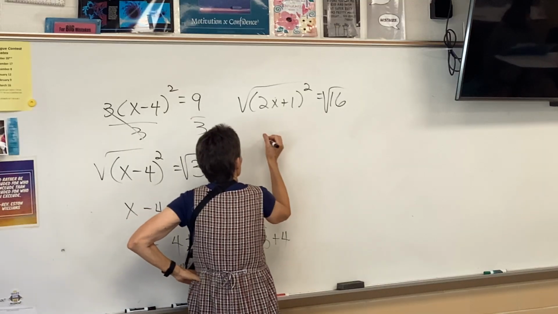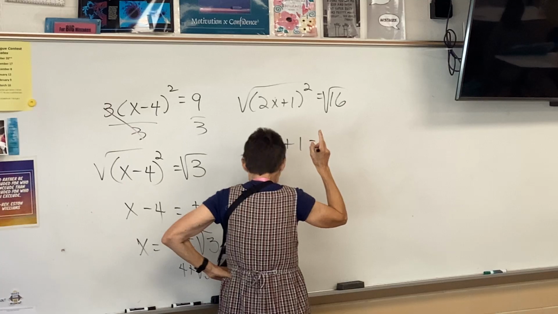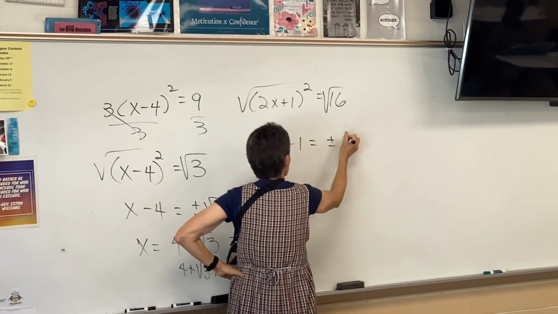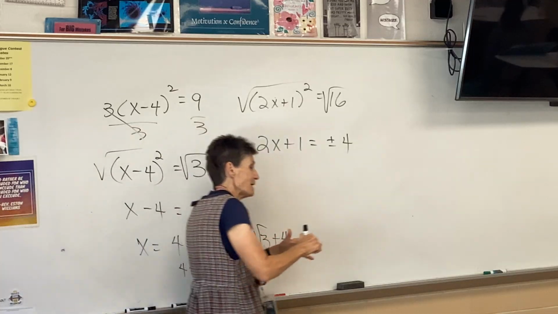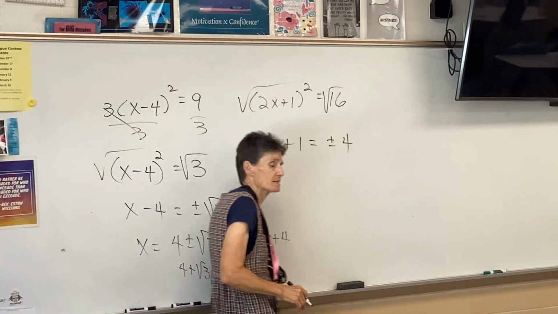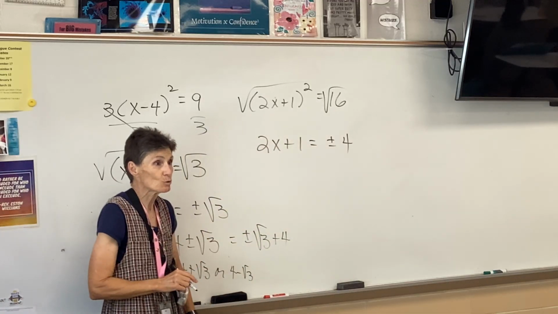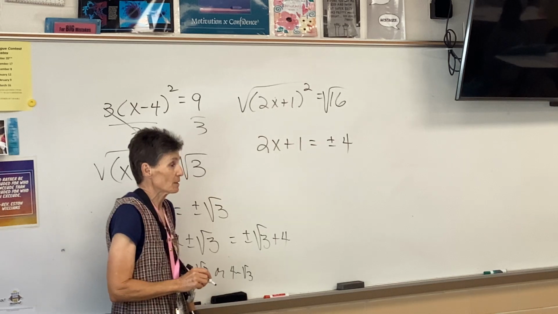What do we have? 2x plus 1 equals what? 4. No, plus or minus 4. This is so easy to forget. Get a highlighter, a great big plus or minus every time you square root. Every time you do this, you're going to put plus or minus.